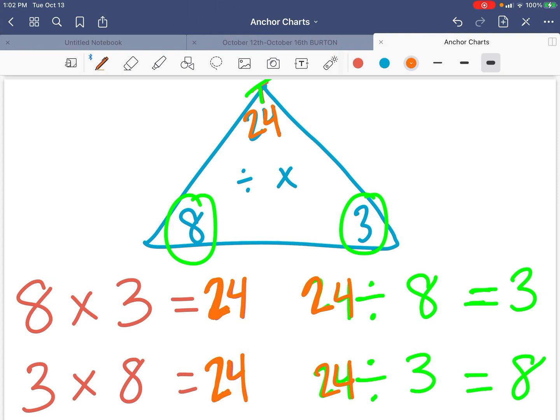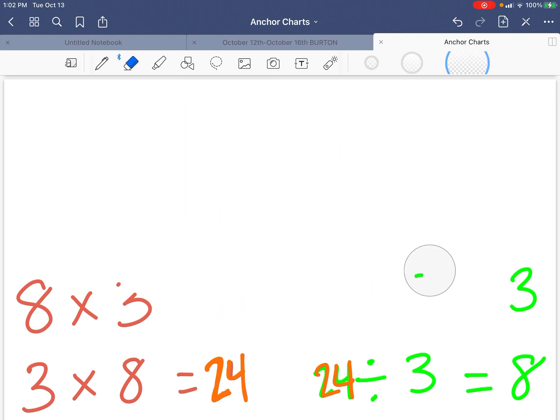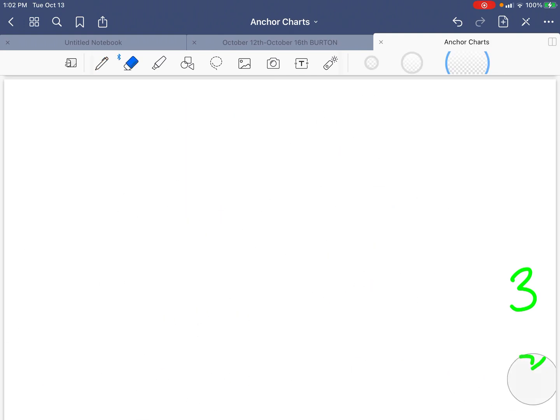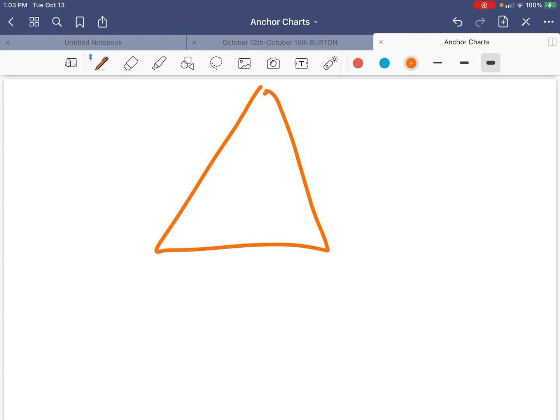Now let's try another one. Let's say in my triangle I give you 7 and 5. I want you to help me figure out what the third number is. With what I have right now, I can have 7 times 5 equals something.